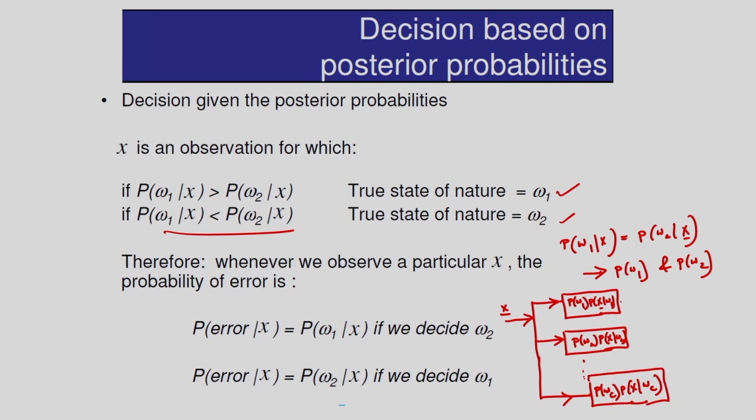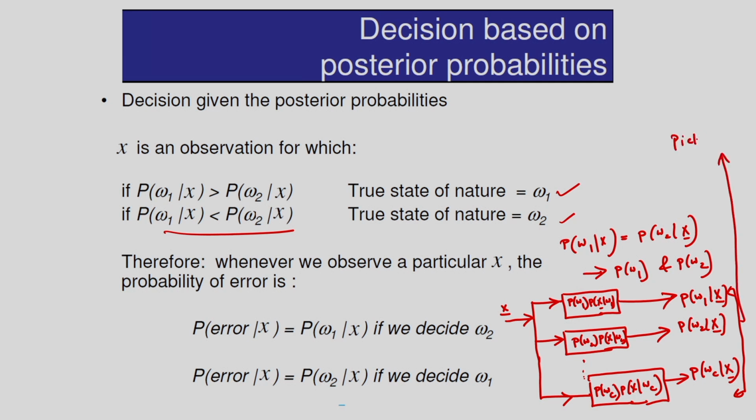So I am determining this, and I will get probability of W1 given x, probability of W2 given x, up to probability of WC given x, and I have to pick the largest one. So out of this, what I have to do is pick the largest.